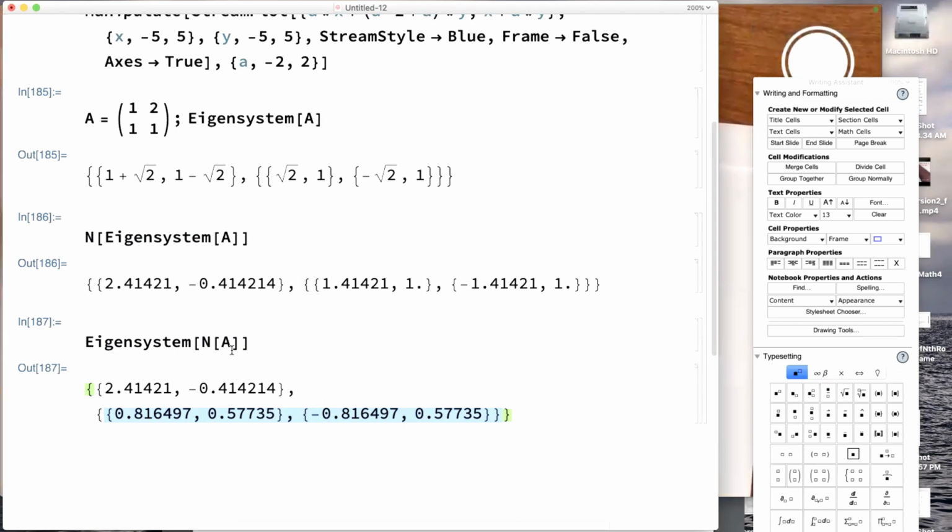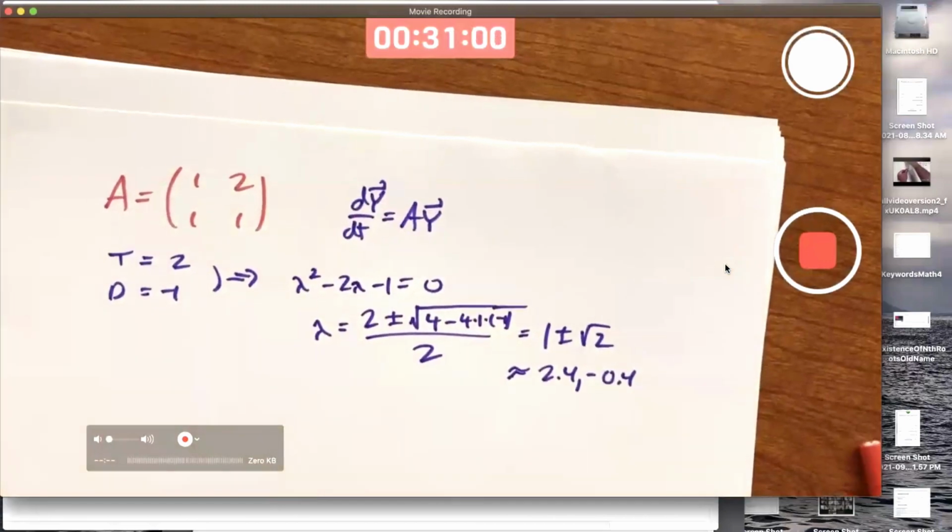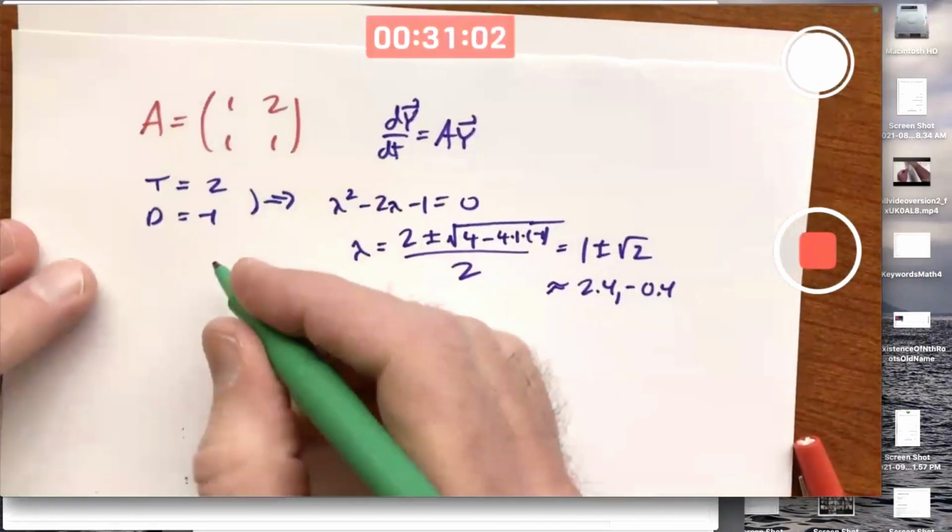So these vectors, I can draw them approximately. I could draw a quick phase plane here. One of them is approximately 1.4, 1, and the other one's approximately negative 1.4, 1. So a quick picture of the phase plane.